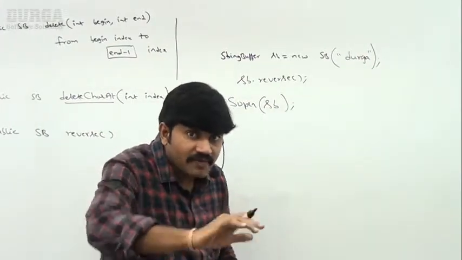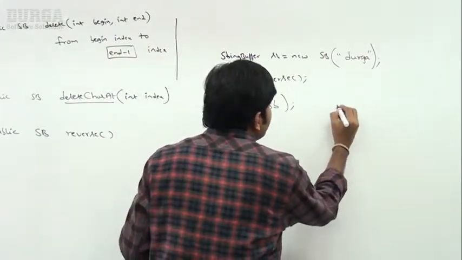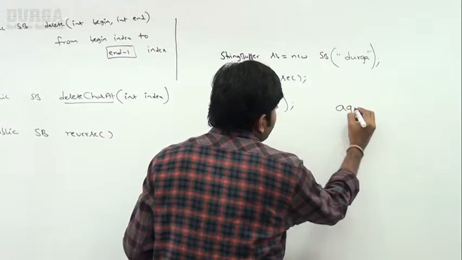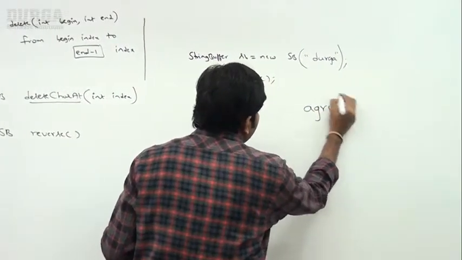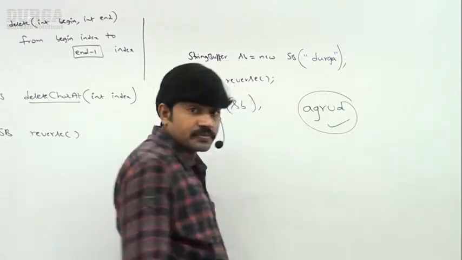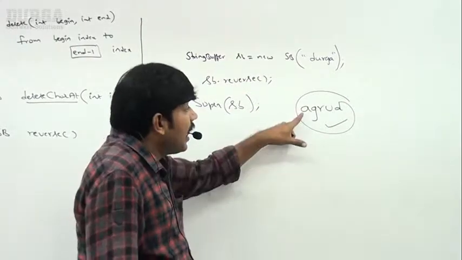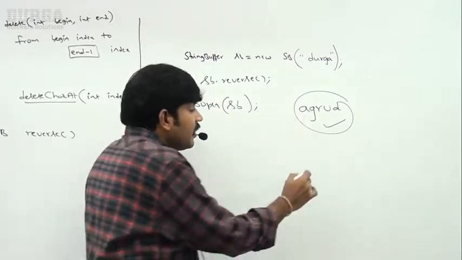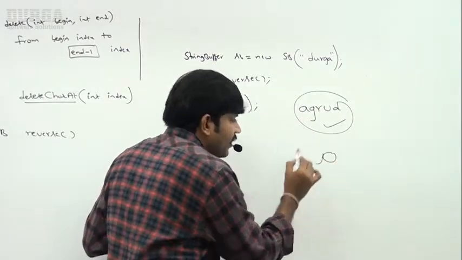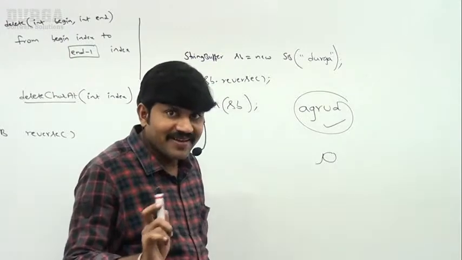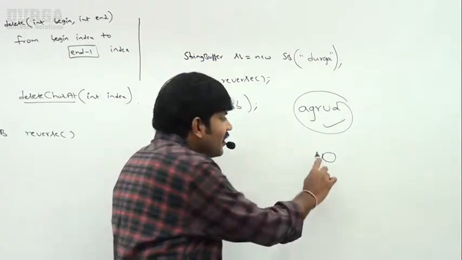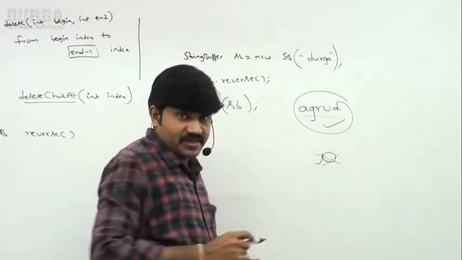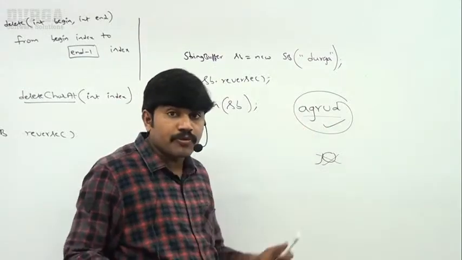Durga reversed, automatically we get A, G, R, U, D. Only the order of characters will be reversed, not the characters themselves. A will not become something else after reversal. Only the order is reversed, agreed? This is the output we are going to get.